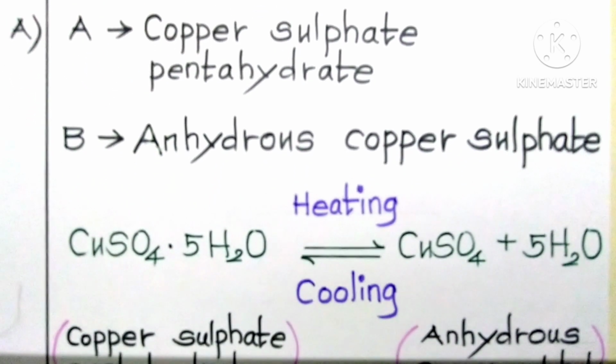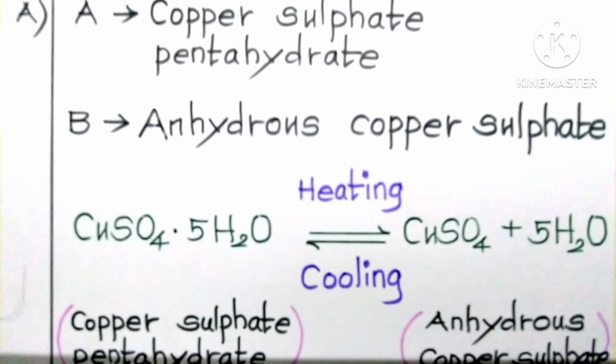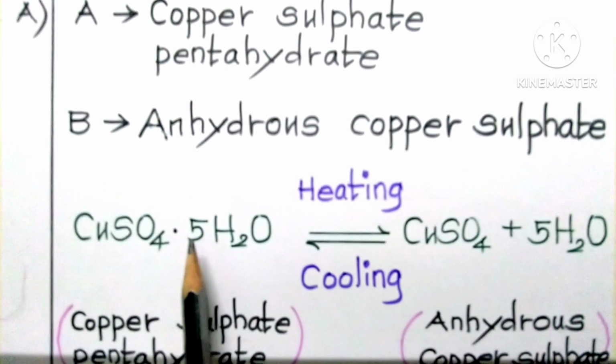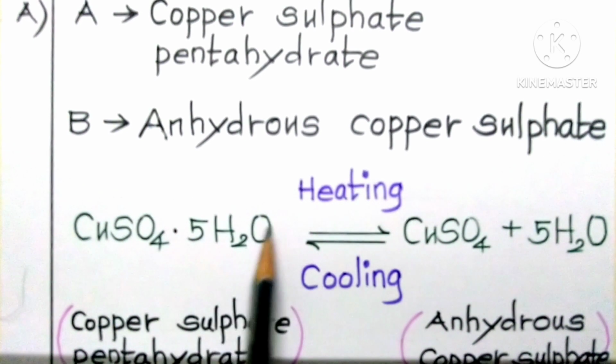Below we have given the equation also. Now what is the chemical equation for copper sulfate pentahydrate? Cu stands for copper and SO4 is the sulfate ion. So this is copper sulfate, and this 5H2O is 5 molecules of water of crystallization.